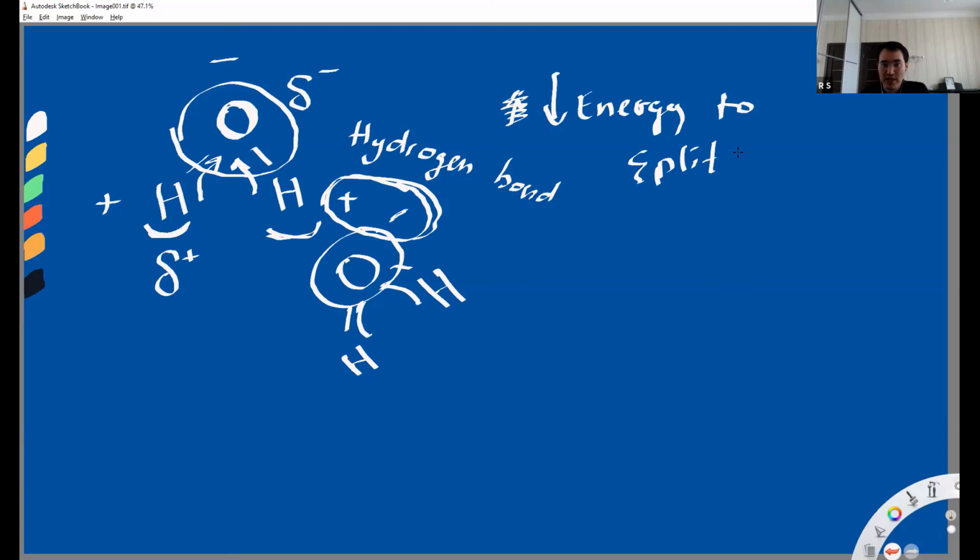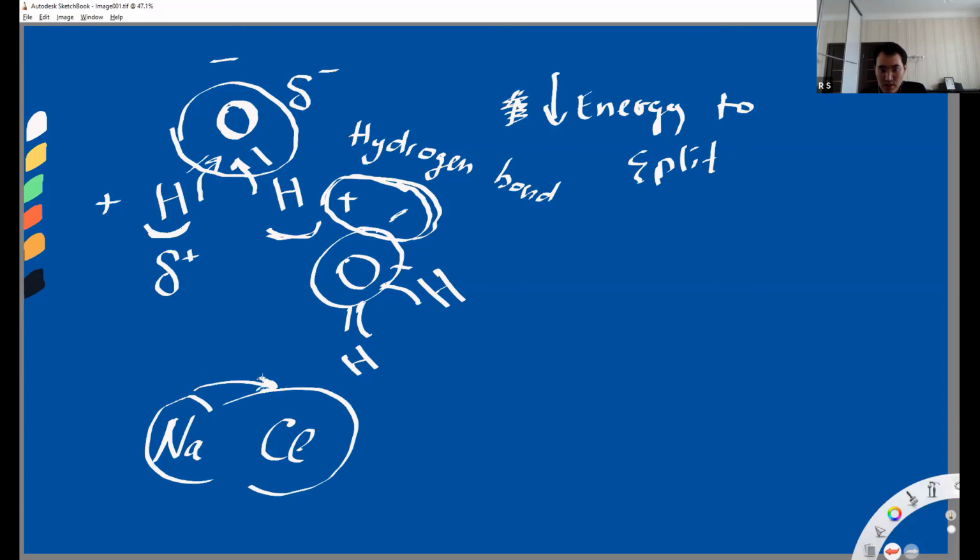Okay, so why is it related to the ionic bonds? If you remember sodium chloride, this part was looking almost like this molecule. Chlorine would pull the electron from here and become negatively charged, while sodium becomes a positive ion.